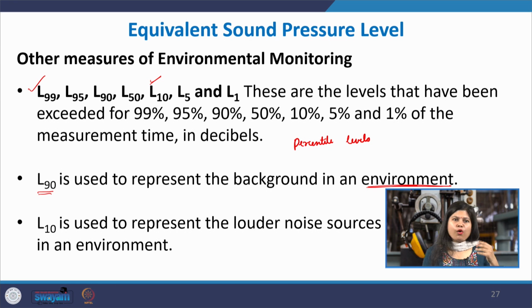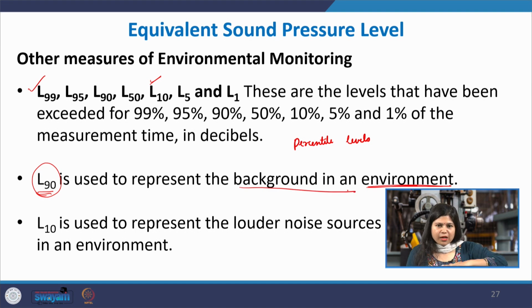Suppose I have gone to some very dynamic environment, some park, and sometimes vehicles are going, people are passing by, children are crying, so many things are happening, and in the middle we have certain small quiet periods. If 90% of the time the pressure is above a level, this corresponds to the lowest levels, so it is typically taken to represent the background of that environment.